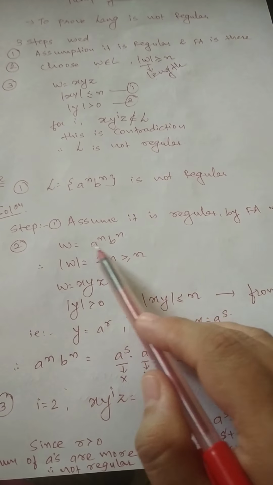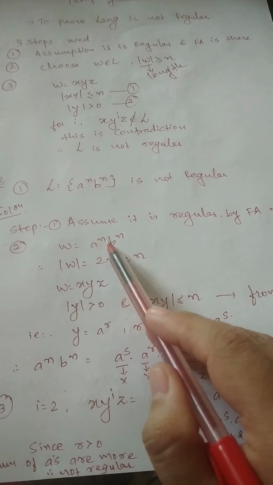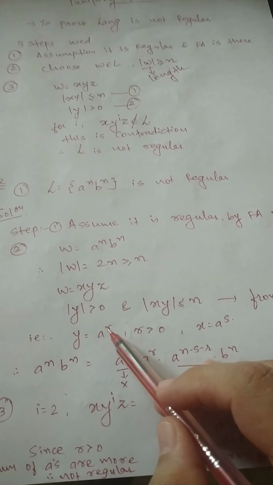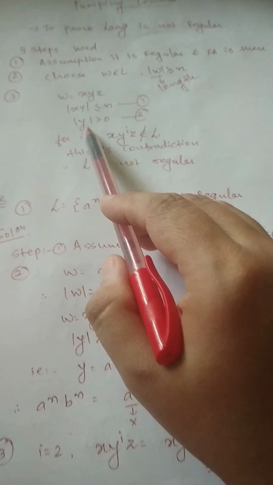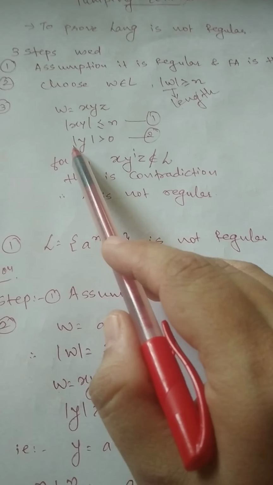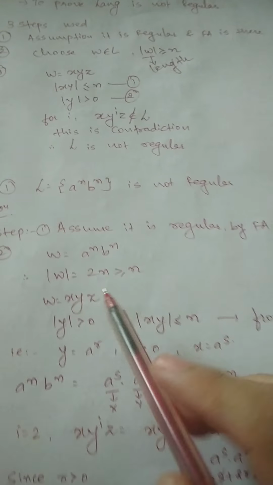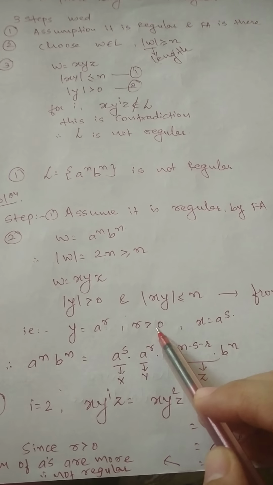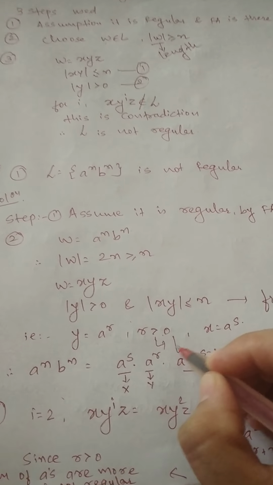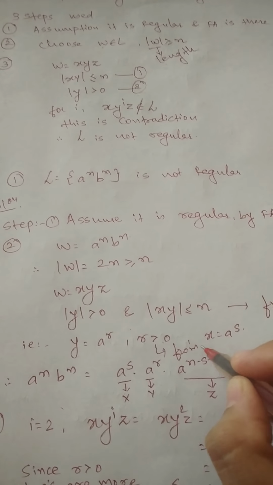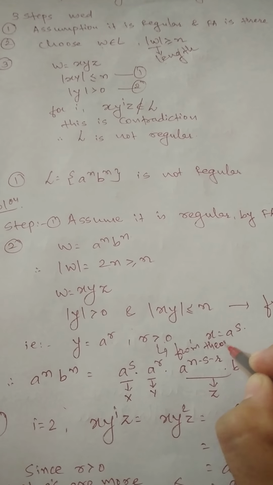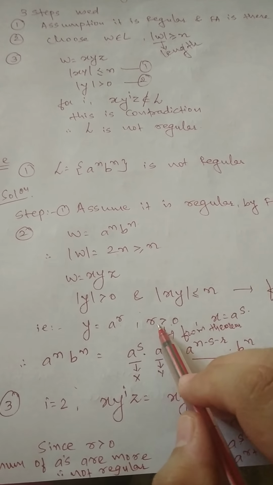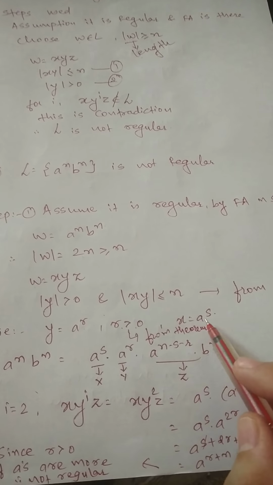Because the first part of the main string is a raised to n, so from n we are taking some power, that is r. The second rule of the pumping lemma says the length of y should be greater than 0. That means here we have to satisfy that the value of r should be greater than 0. You can write this from the theorem. And x we are taking as a raised to s.